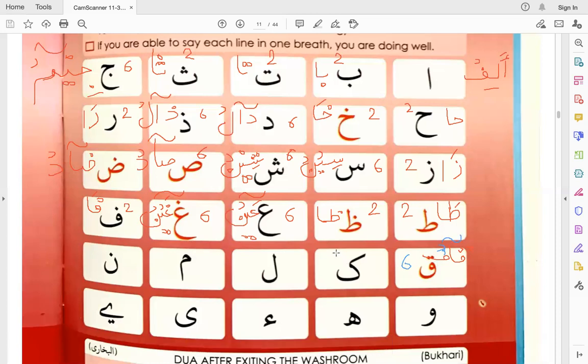Kaf. Kaf is a soft letter, and there are three letters involved to pronounce the name of this letter. The first letter is kaf, second is alif, and third is fa.